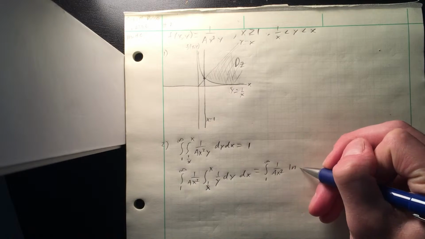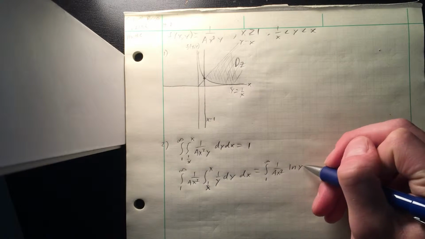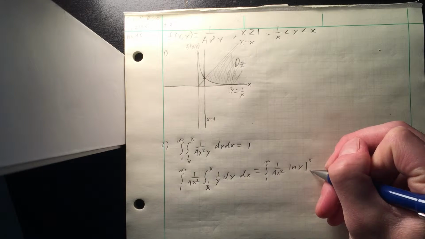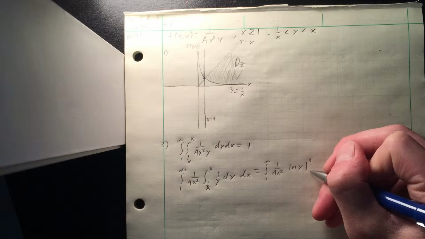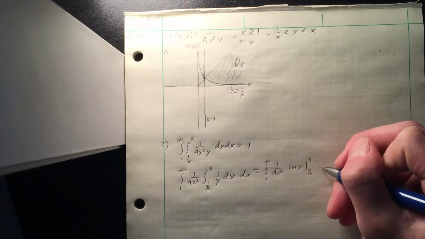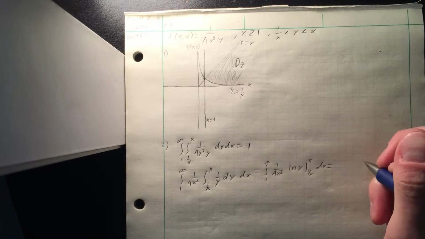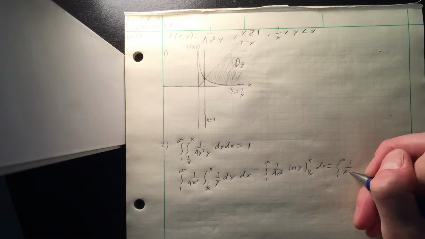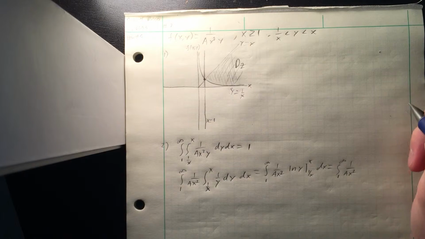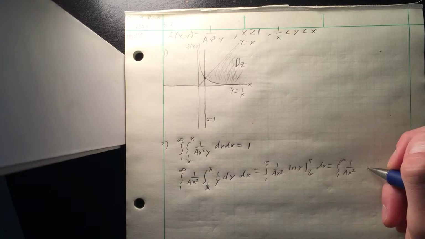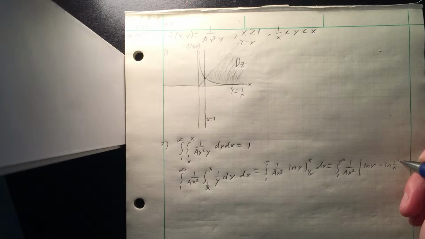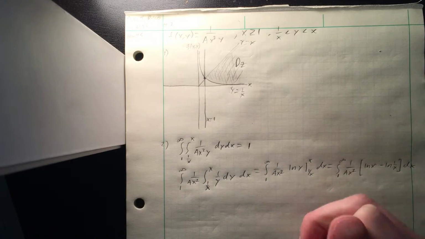And we get the natural log, ln of y, evaluated from 1 over x to x, the antiderivative of 1 over y, dx, which is further equal to 1 over a x squared multiplied by ln of x minus ln of 1 over x dx.